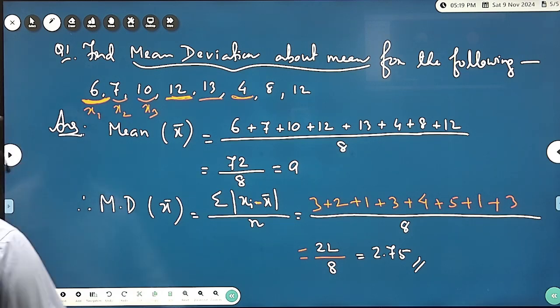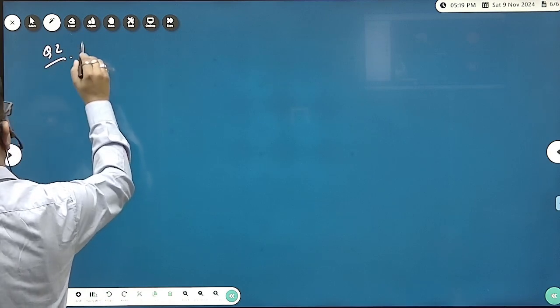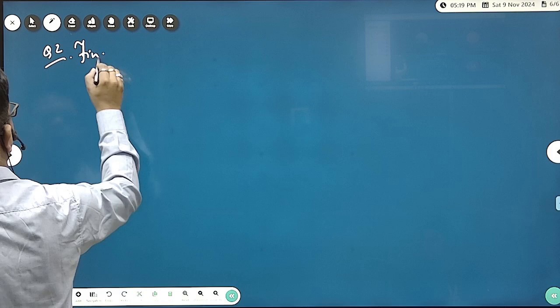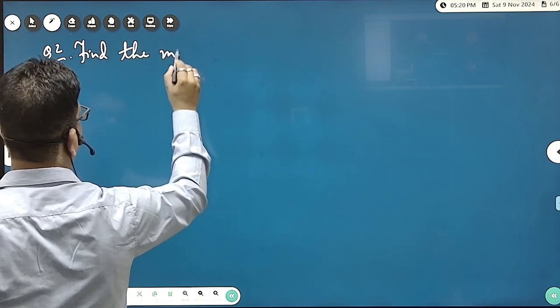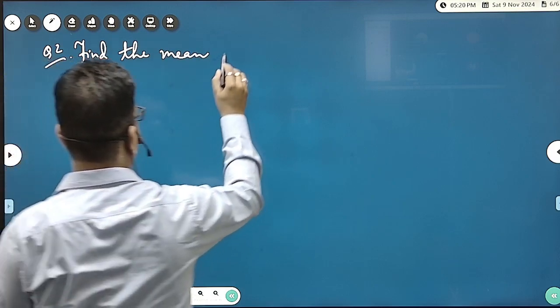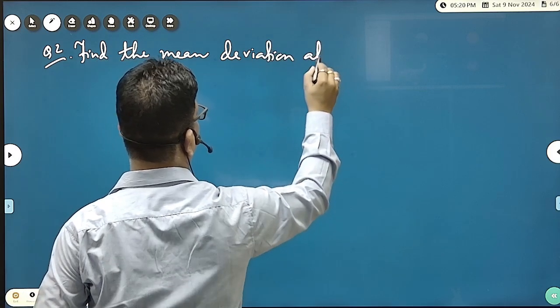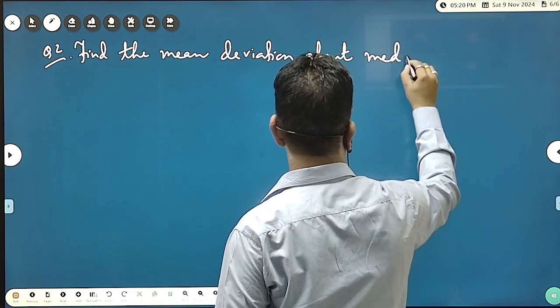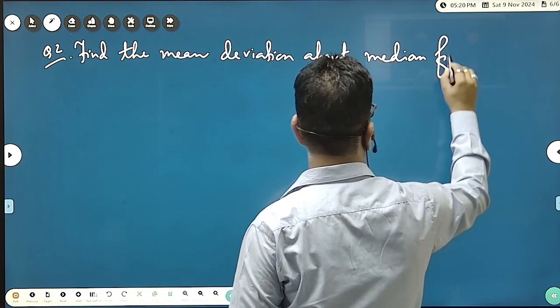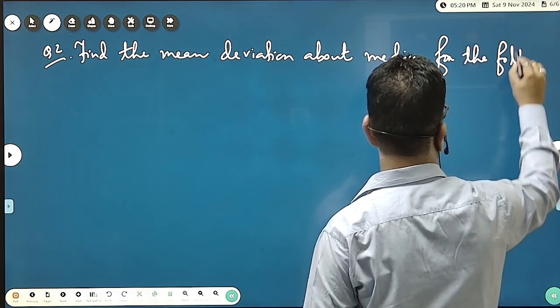Okay. Now, number 2. This time I am going to find the mean deviation about median for the given data. So everything is the same. I'm not going to show the formula right now.